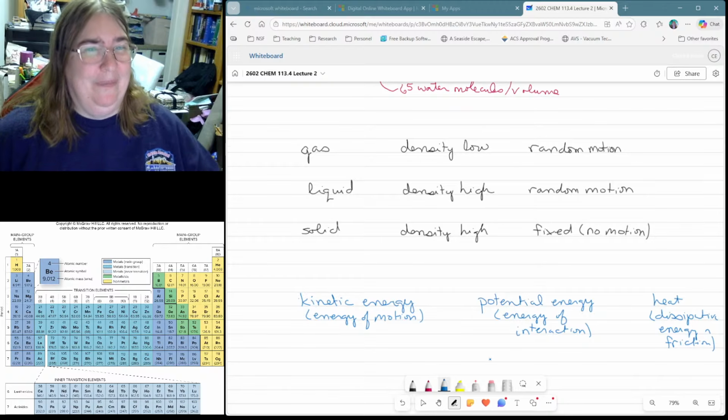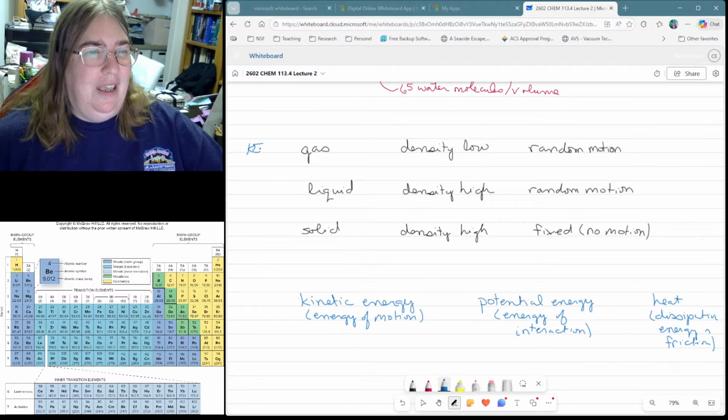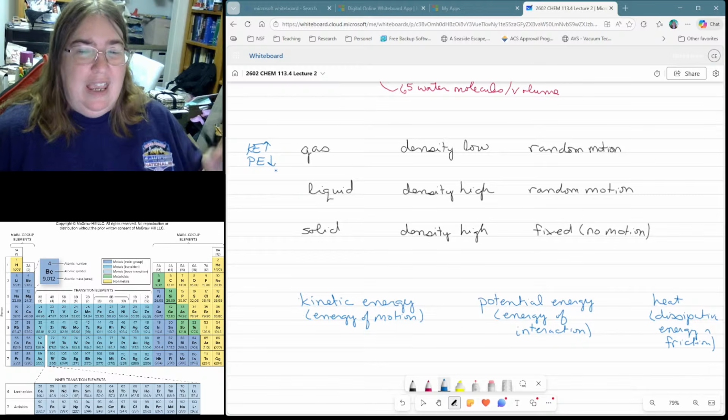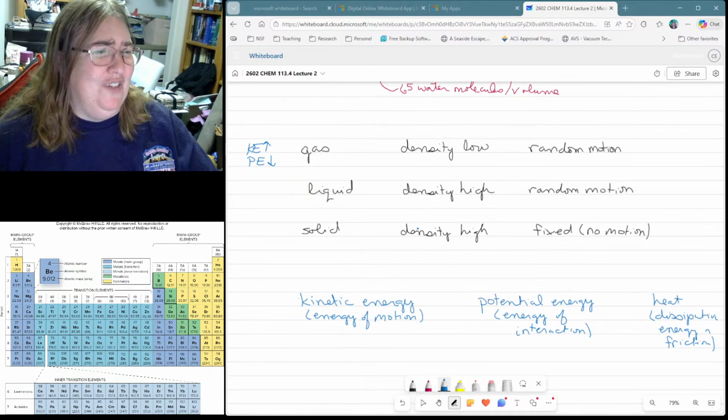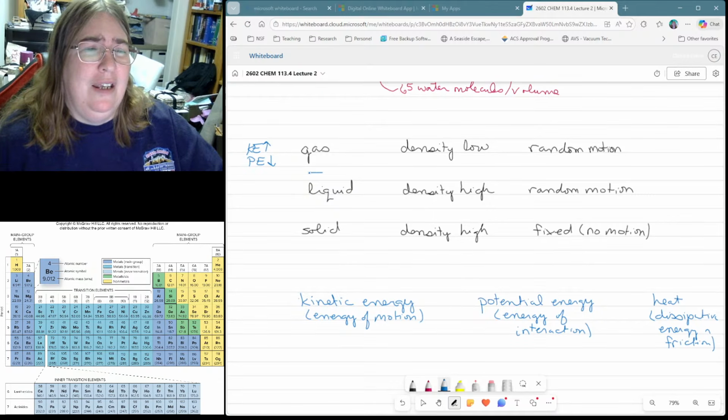That's correct. Gases have very high kinetic energy, very low potential energy. Heat, we're going to ignore right now, okay? Which is kind of standard in most of science.